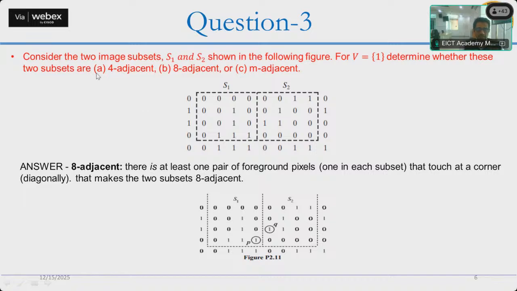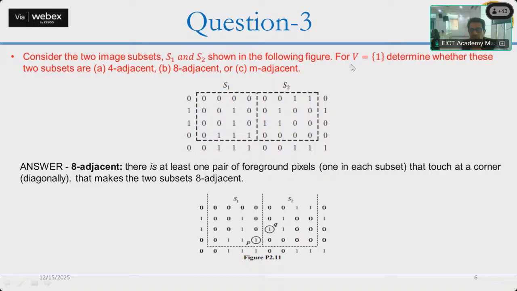What is the question here? Consider two image subsets, S1 and S2. Remember, they are subsets only, which means they are parts of the same image. Here this dotted line is one part, this is another part, and they are in the neighborhood also.